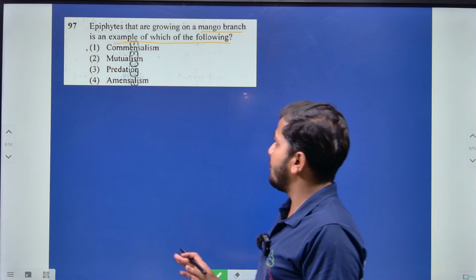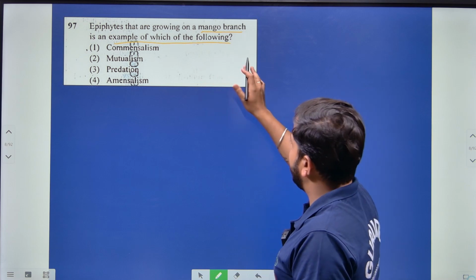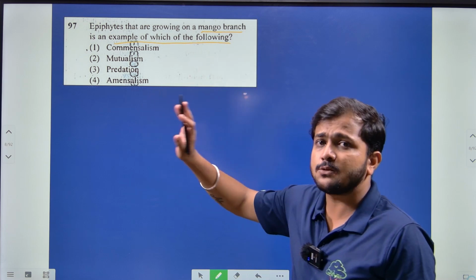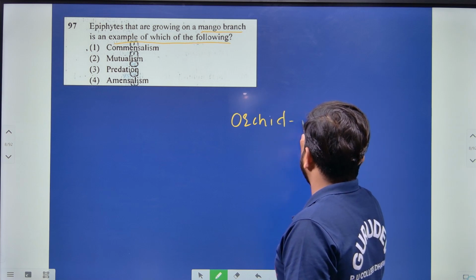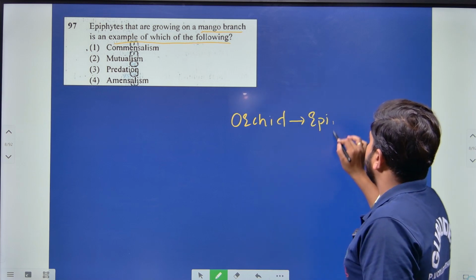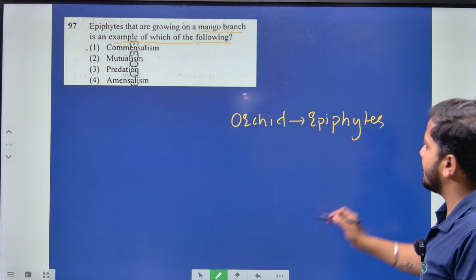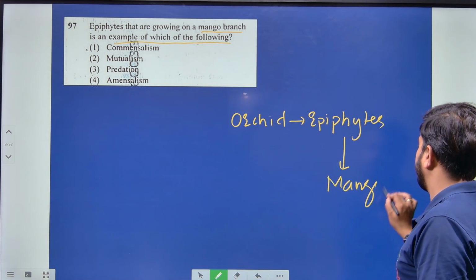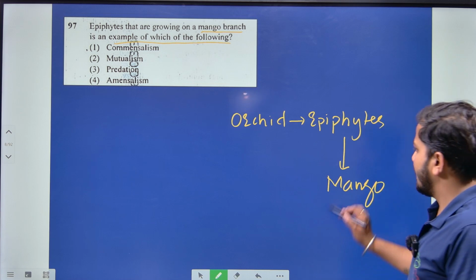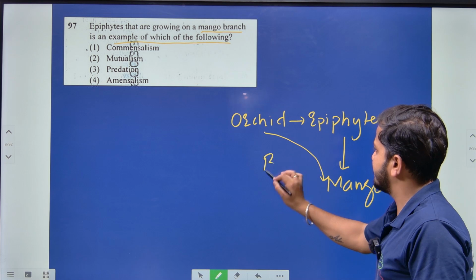With respect to population interaction, consider the orchid, which is known as an epiphyte, an organism or plant which grows onto another plant. This epiphyte grows onto the mango plant, right? Now it is going to take all the benefits.